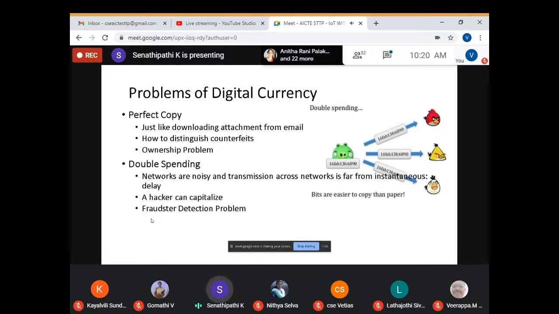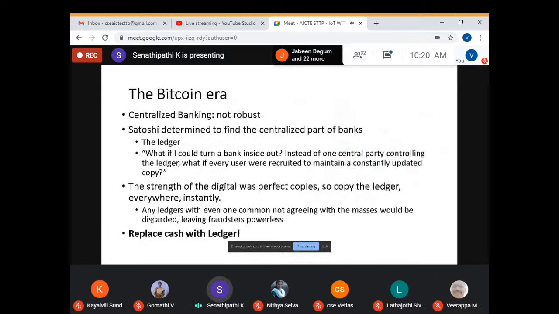So perfect copy is one problem. And the second one is double spending. The same currency can be spent more than once. So these two are the problems of digital currency, right? In order to provide a solution for both, we are moving to blockchain technology. Centralized banking is not robust, and digital currency is not perfect or reliable.